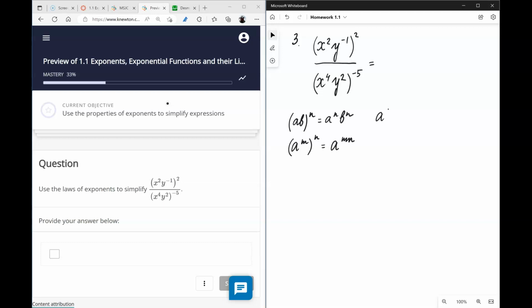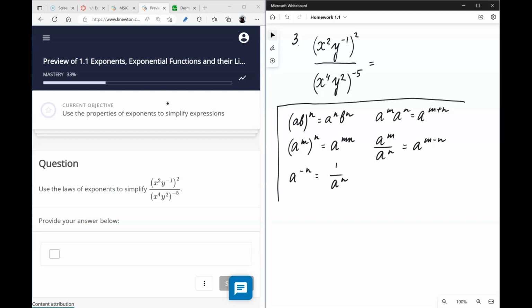We can combine bases this way, and we can also combine bases this way. And we also interpret the negative exponent as a reciprocal. If I need more, I will add more to it, but let me just separate this.